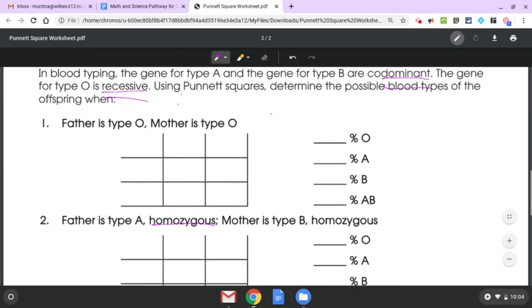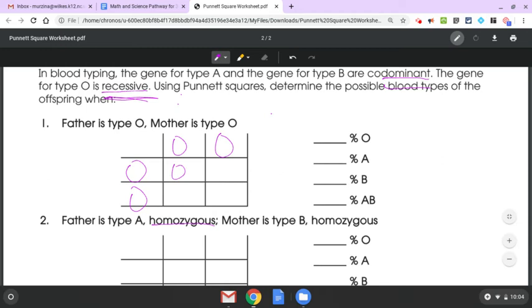Okay? So the first scenario says that the father is type O and the mother is type O. If you'll remember, in order for the recessive trait to show up, both parents have got to have the trait for that particular gene, or in this case, the blood type.